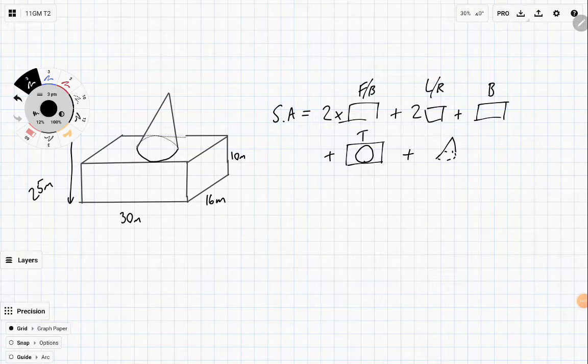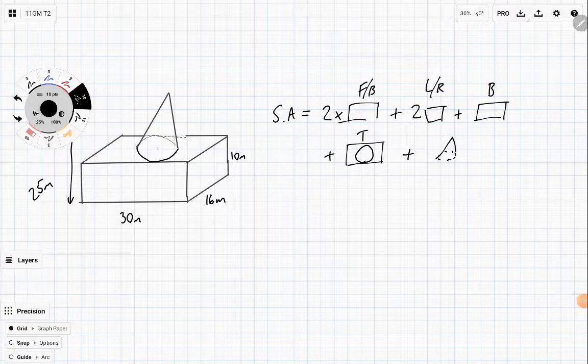So, before we go on, let's deal with this top little bit here. First of all, let's think about what the radius is going to be of this. Since it spans the whole width of the box, that means that's going to be the same as the 16 meters, because that's as far across as it actually goes. It does actually touch the far side, as you can see on the picture. It just doesn't look quite as big due to a bit of warping in terms of the perspective.